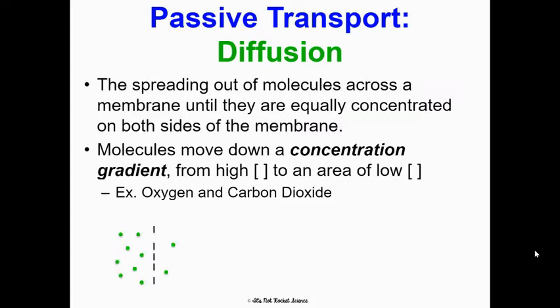So here in this picture on the bottom left, you've got the dashed line representing a cell membrane. And then on one side, you've got lots of green solute dots. So let's see, 2, 4, 6, 8 green solute dots. And then on the other side of the membrane, only 2 solute dots. So your left side is high concentration, your right side is low concentration.